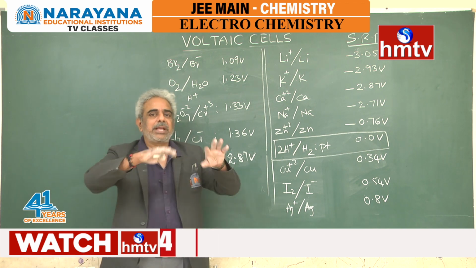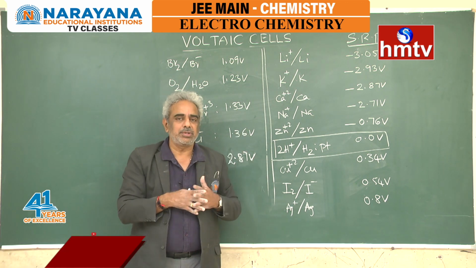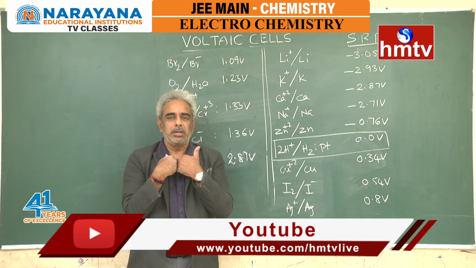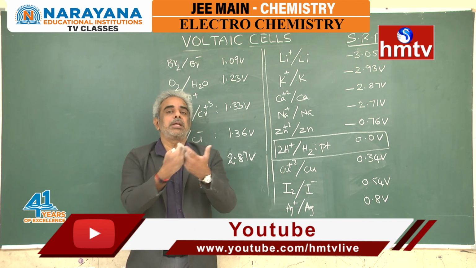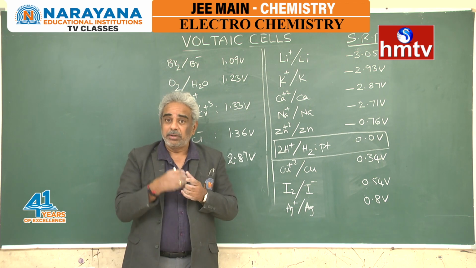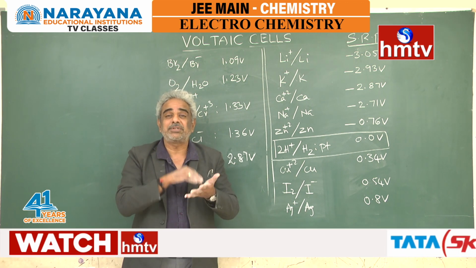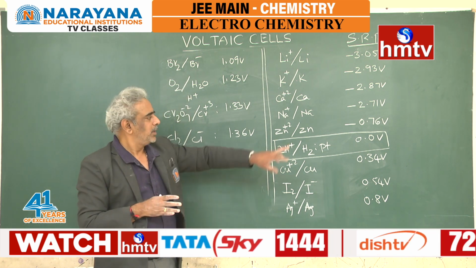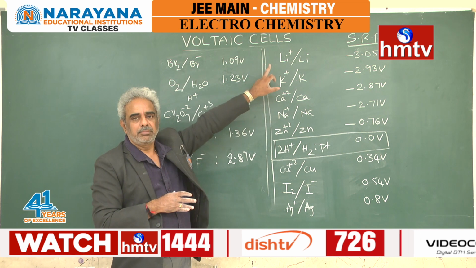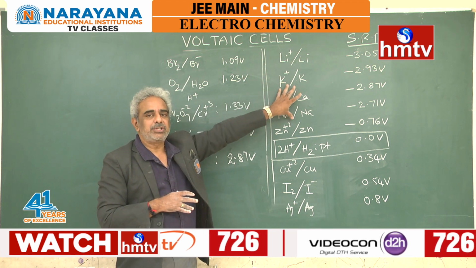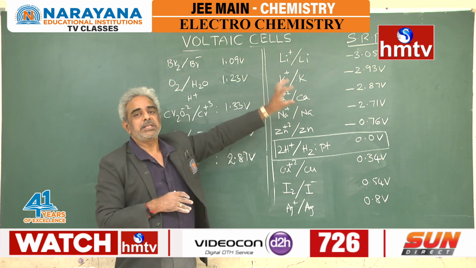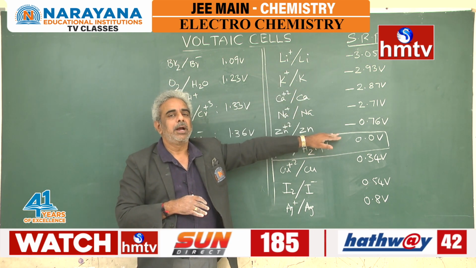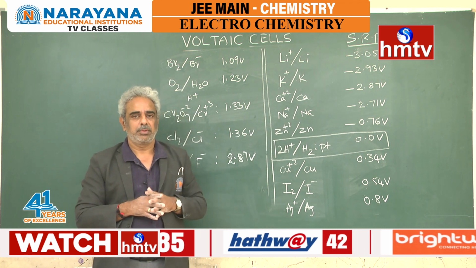Once oxidation is taking place when connected to the standard hydrogen electrode, it means the metal is getting oxidized at this electrode. So, this electrode serves as an anode. Always these electrodes behave as anodes whenever they are connected with standard hydrogen electrodes.